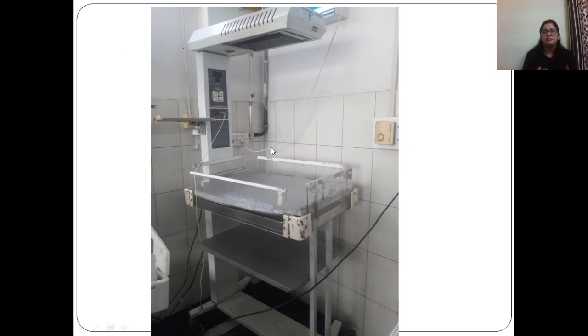So if the baby's temperature is more than 36.6, which is the temperature that is set here, then the heater output would be 0. That means the baby does not need any extra heat. While if the skin probe senses the baby's temperature to be less than 36.6, that means the baby is hypothermic, then accordingly the heater output will increase. So this is how the radiant warmer works, and it is in this radiant warmer that the resuscitation of the baby will be continued.